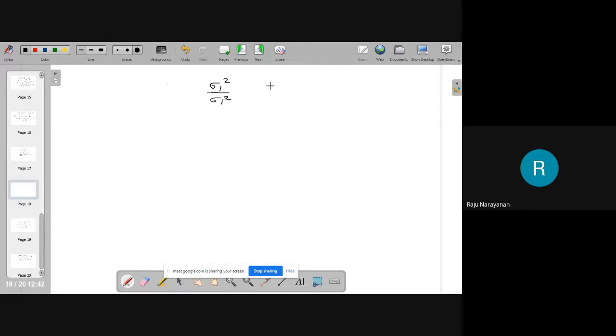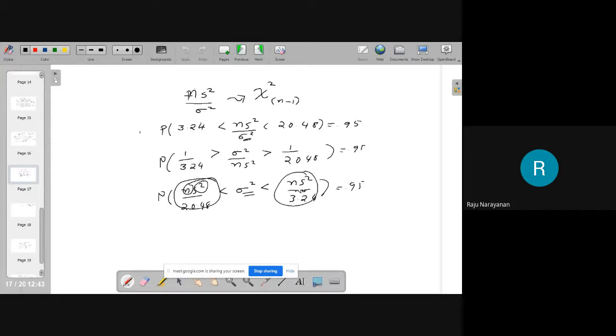Last day I taught you that F is a chi-square variate divided by its degrees of freedom, over another chi-square variate divided by its degrees of freedom, and if numerator and denominator are independent, then this follows the F distribution with the two degrees of freedom. Now, just now I taught you that n s square by sigma square is chi-square with n minus 1 degrees of freedom. That we will use now.